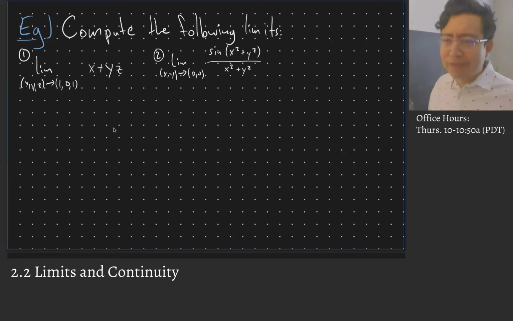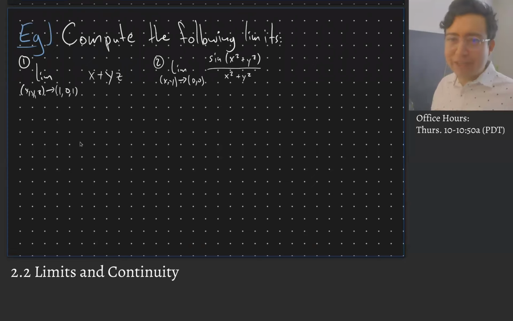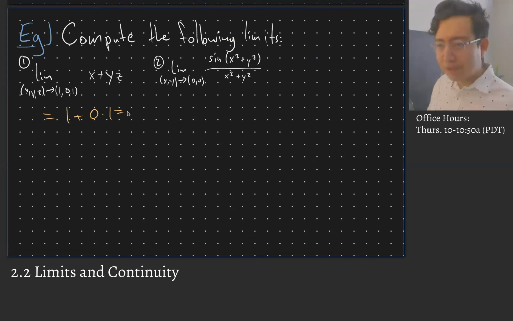Just see what happens if you plug in these numbers. In practice, we can talk about all of these theoretical definitions, but at the end of the day, when you're actually computing a limit, your first try is to just plug it in and see what happens. So we plug in all of these numbers and we get that this is equal to 1 plus 0 times 1, which is just 1.